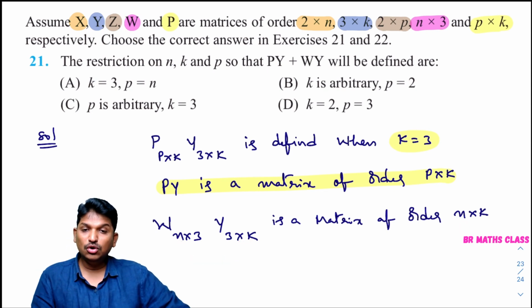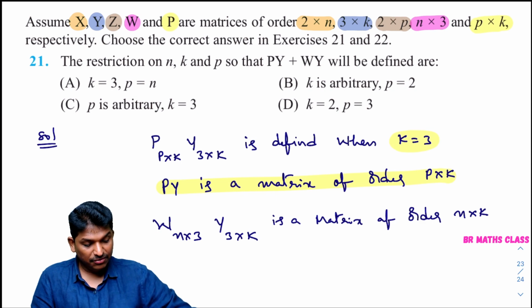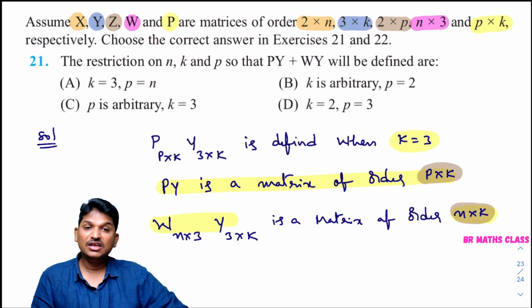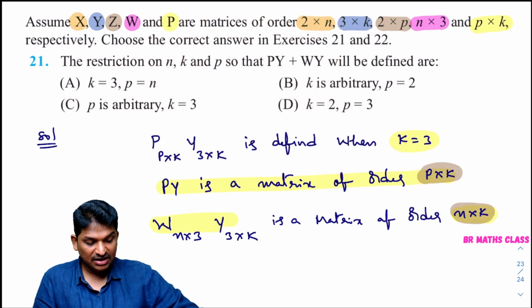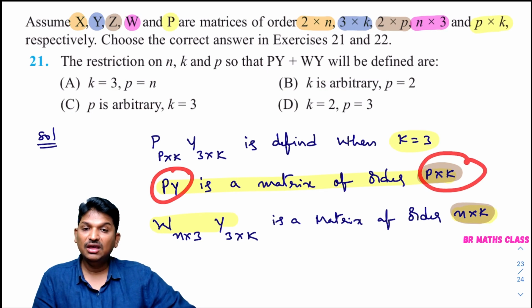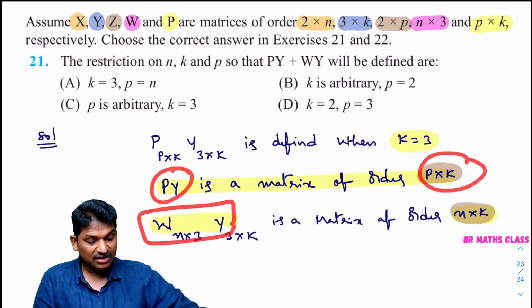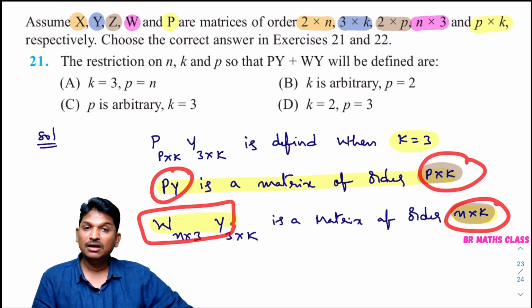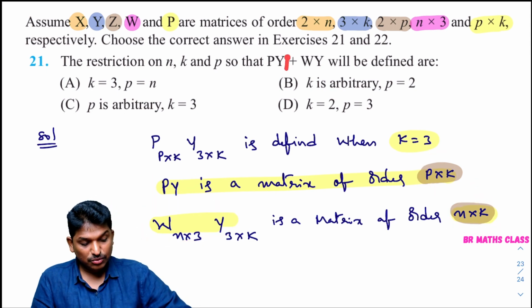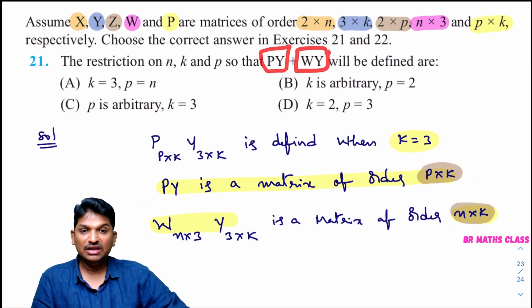Now you know the order of PY and the order of WY, right? PY is a matrix of order p by k. WY is a matrix of order n by k. Now we need to add these two matrices PY and WY. To add two matrices, the matrices must be of the same order.